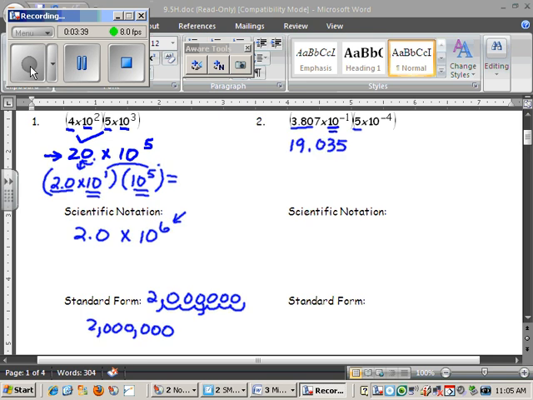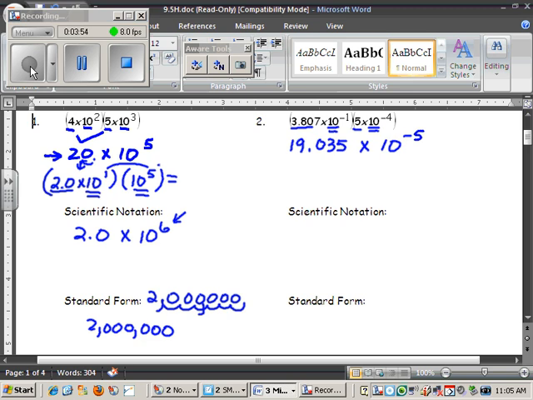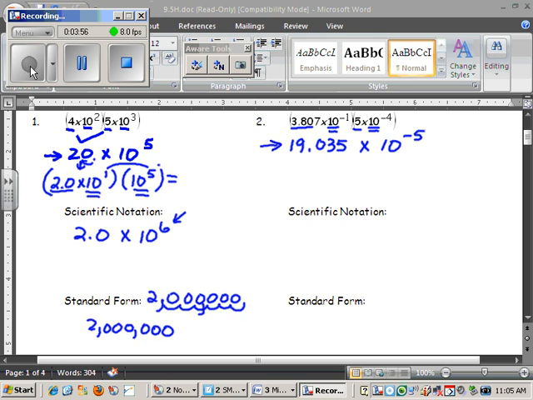Then, just as we did in problem 1, because the bases of 10 are the same, we can add those exponents together, negative 1 plus negative 4, which gives us negative 5. But once again, this is not correctly written in scientific notation, so we first need to adjust the decimal and adjust the exponent.